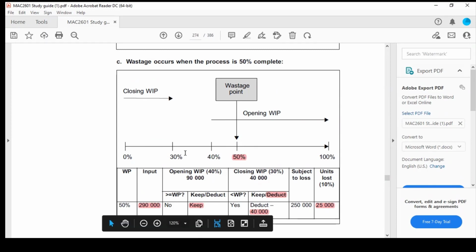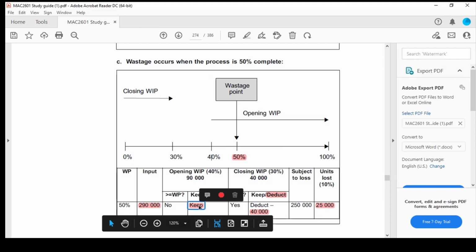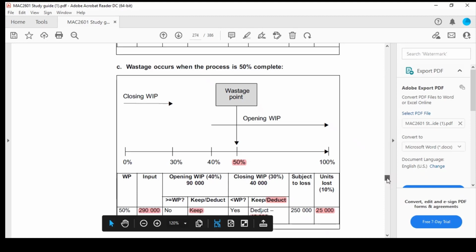Your opening WIP is 40%, so it's before this wastage point, so you had to keep it because it was going to be subject to this loss. And the 30% was before this 50%, so you had to take it out. It was the deduction part, because that's the rule: if it is before the wastage point, you deduct. All right, now I see.